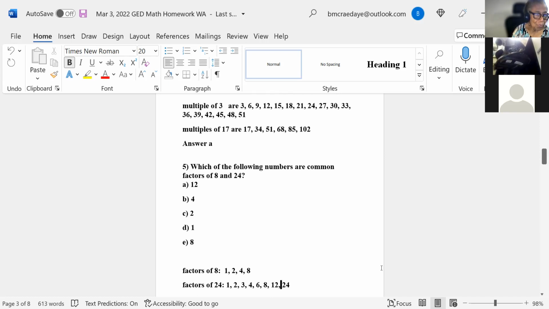It says, which of the following numbers are common factors of 8 and 24? So which ones are in common with these two groups? Which factors do you see in the two groups, 8 and 24?